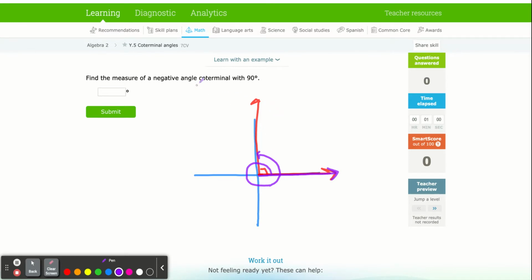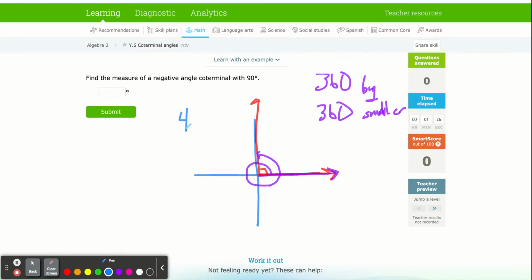So coterminal angles will always be 360 degrees bigger or 360 degrees smaller, or any multiple of 360 degrees bigger. So you can continue to add 360. So in the sense, 90 has infinitely many coterminal angles.